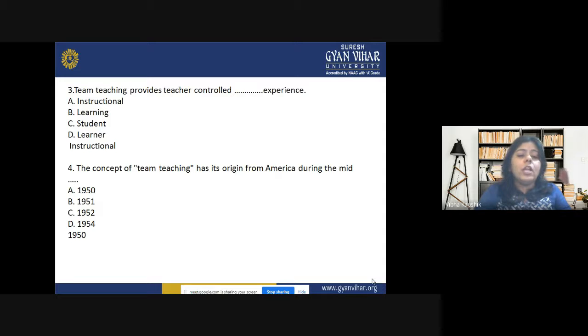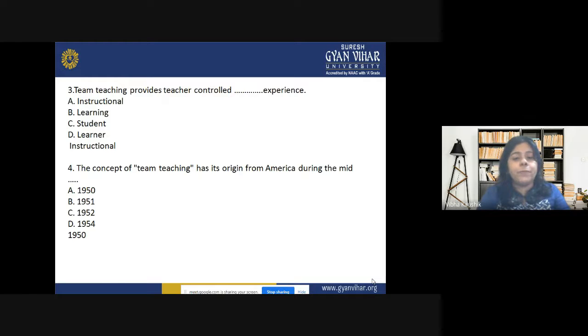Now, the fourth one, the concept of team teaching has its origin from America during the mid dash. Means we are saying that team teaching has been originated from America during the dash year. Now, you have to tell me in which year the concept of team teaching has been originated from America.